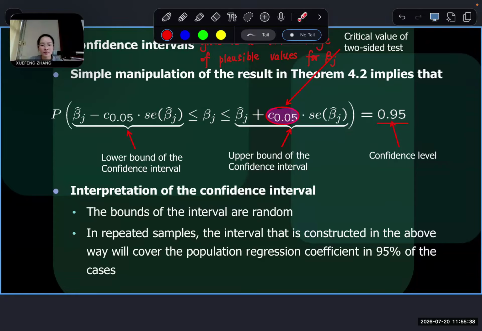And 95% of those intervals would contain the true beta j. Let me write it down.